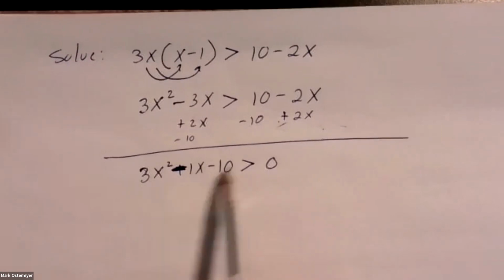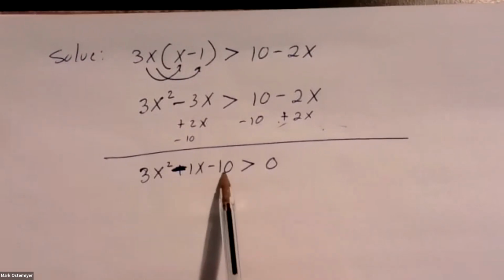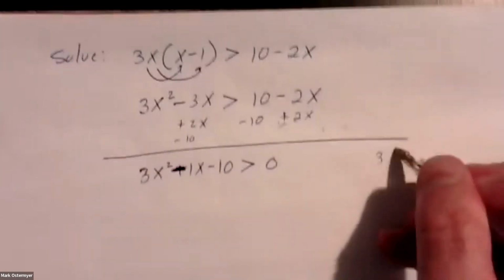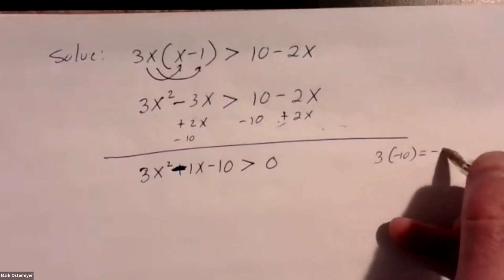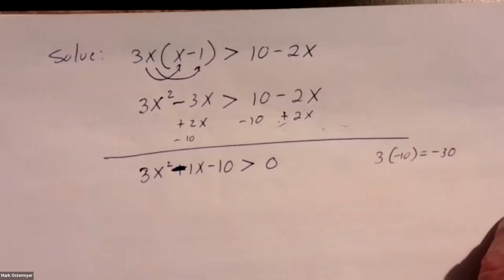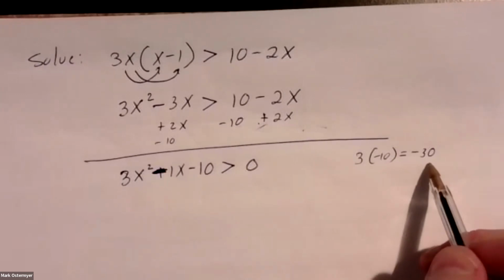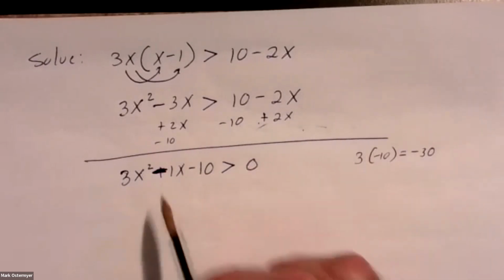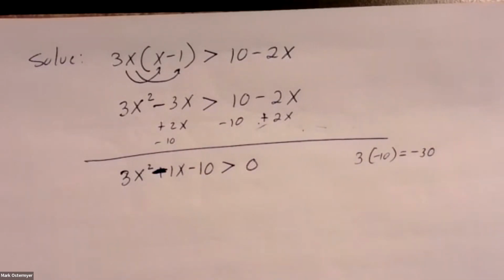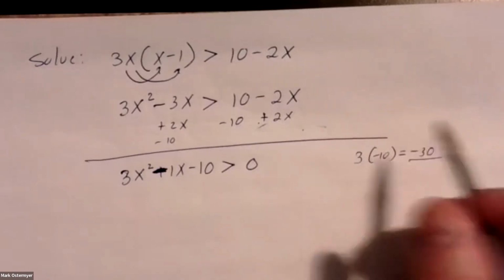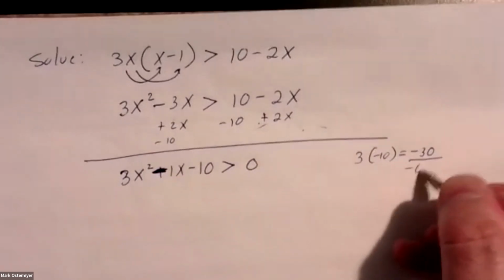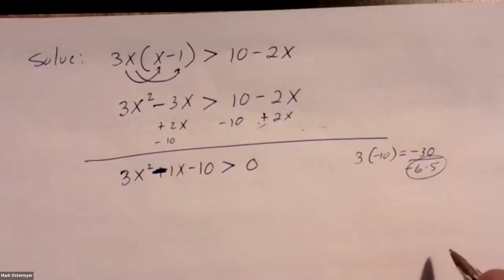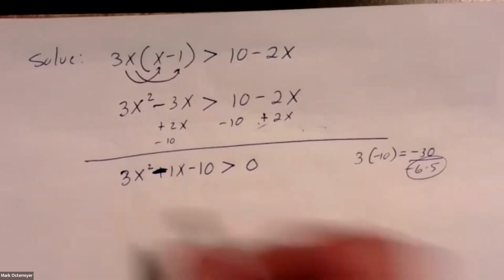And of course, you'd try grouping on it. 3 times negative 10 is negative 30. Do there exist factors of negative 30 that add up to negative 1, the middle coefficient? Is this thing even factorable? Well, two factors of negative 30 that add up to negative 1 would be negative 6 and 5. So it does appear to be factorable, right?